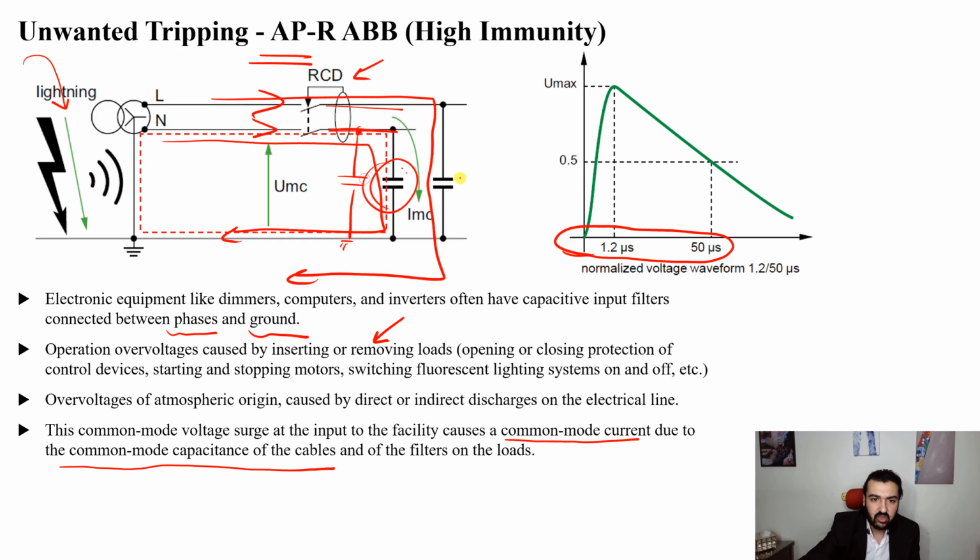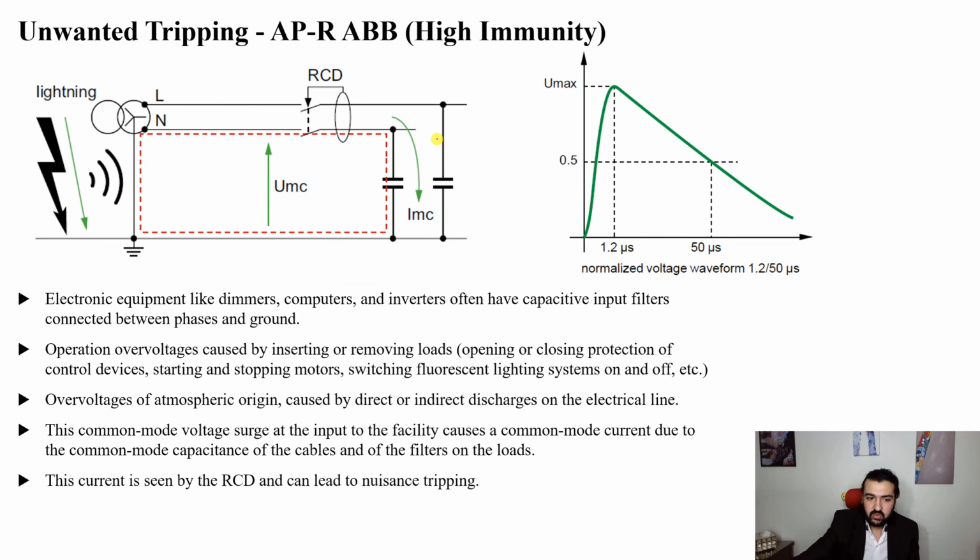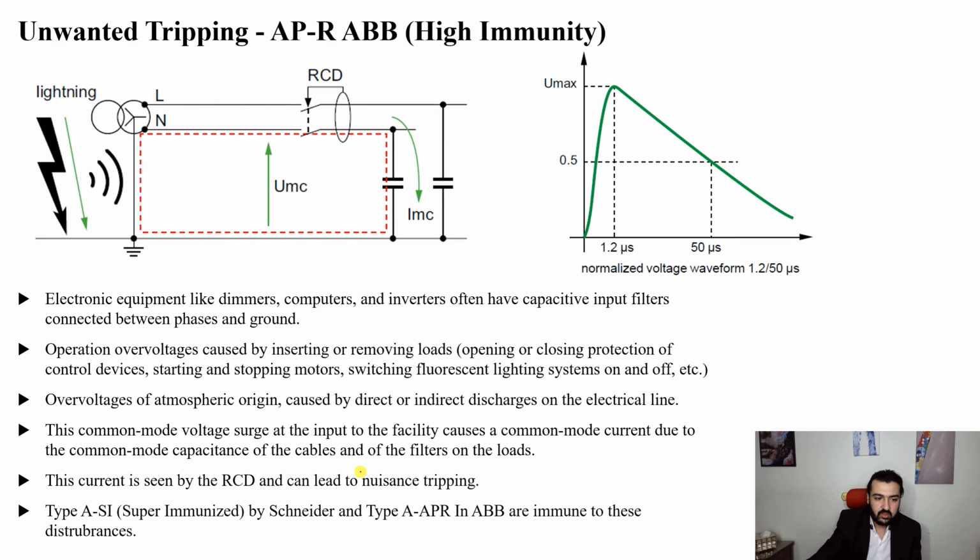This is the combined value of them. So this current will be seen by the RCD and can lead to a tripping of the circuit. So we have type A-SI, super immunized, by Schneider Electric. A-SI is the same as AB-R, or anti-disturbance ABB. Both of them are used for protection against disturbances.